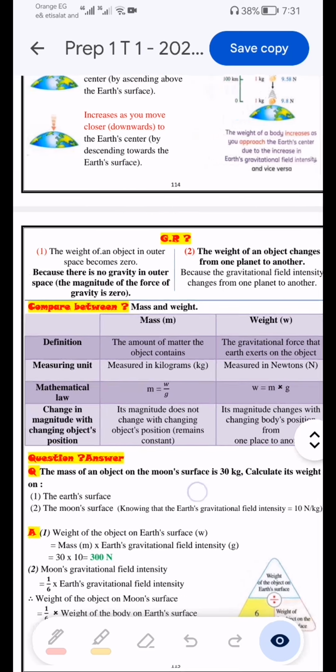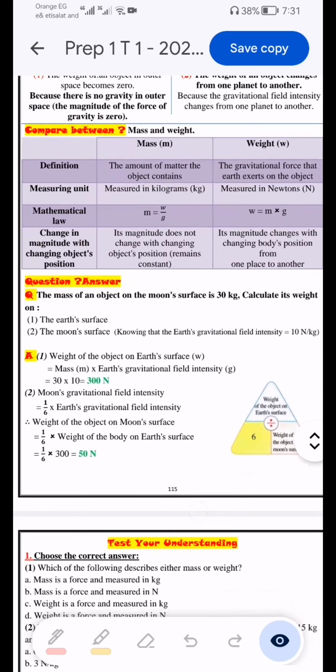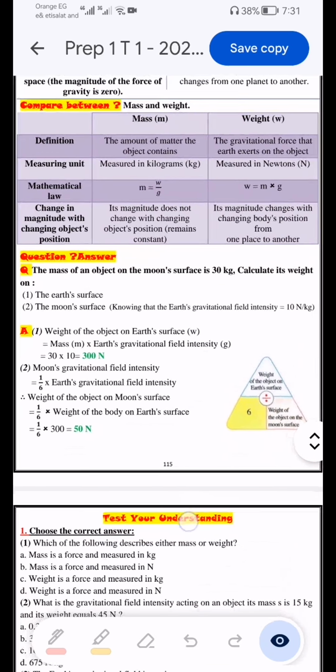Okay, look at this question. The mass of an object on the moon's surface equals 30 kilogram. As we said, mass is constant, so on Earth it will be 30 kilogram also. Calculate the weight on the Earth's surface and the moon's surface, knowing that the gravitational field intensity on the Earth equals 10 Newton per kilogram.